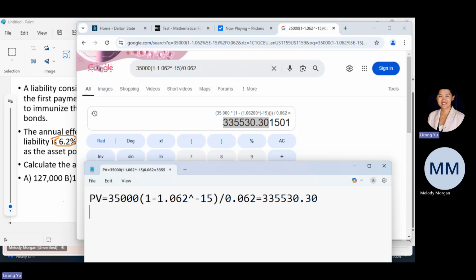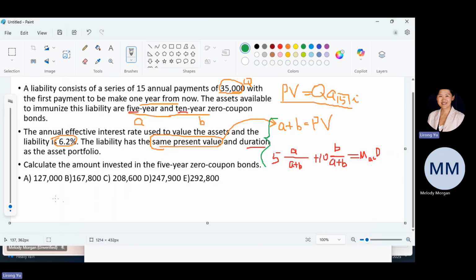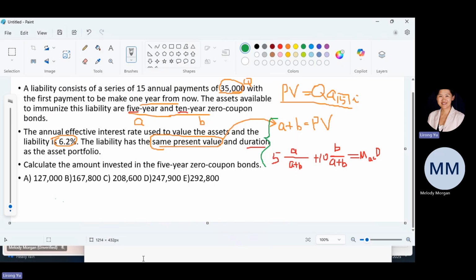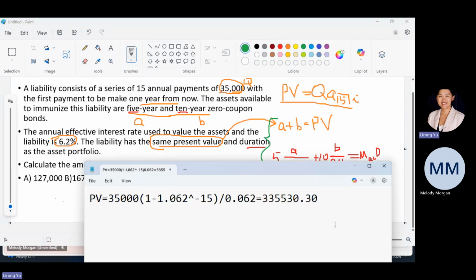It's A plus B. And now we need to calculate the Macaulay duration. How do we calculate it? I don't want to do the derivative approach because it is a long calculation, so I'm going to do the weighted average of the payment times.